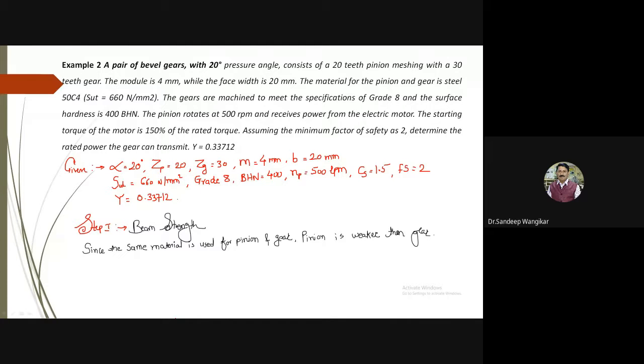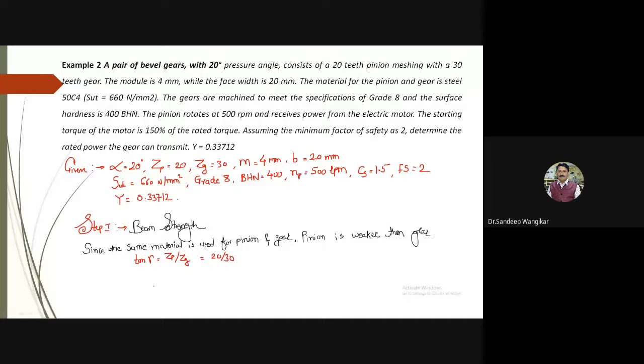So very first step is calculation of gamma. I can say here tan of gamma is equal to Zp by Zg, which is equal to 20 by 30.